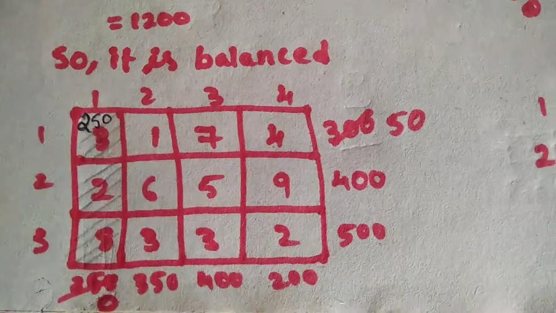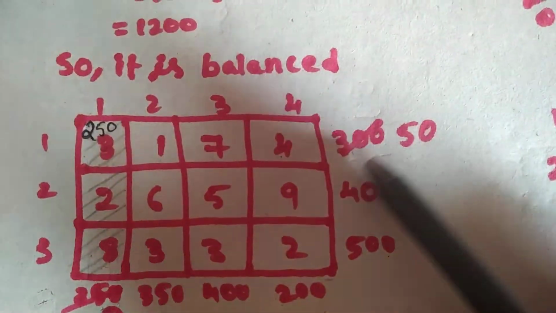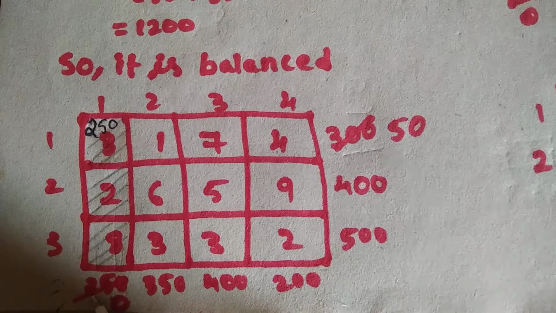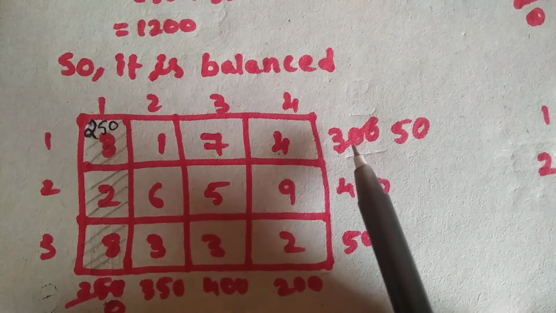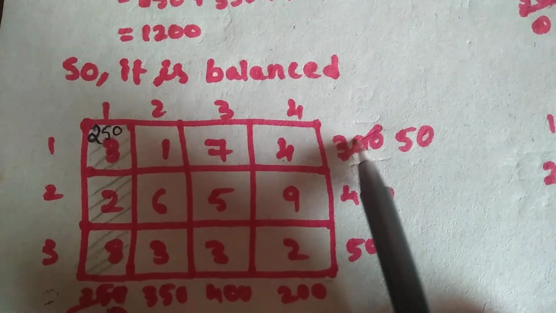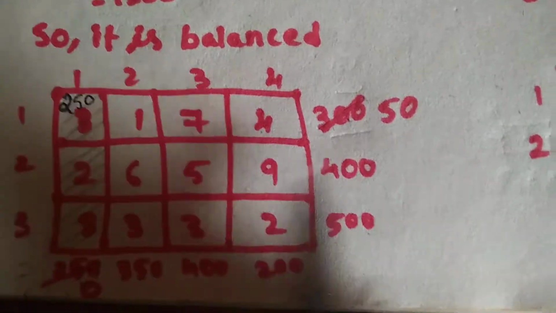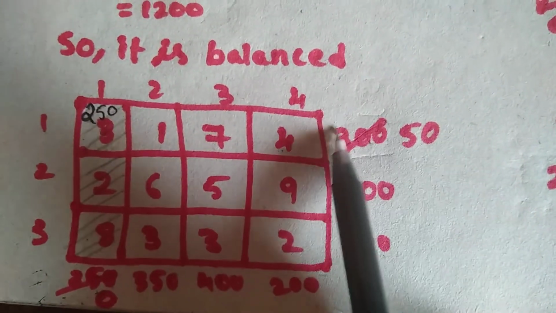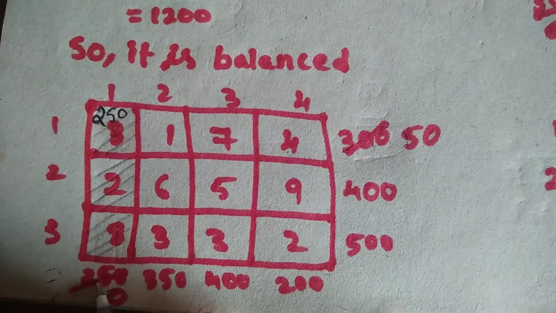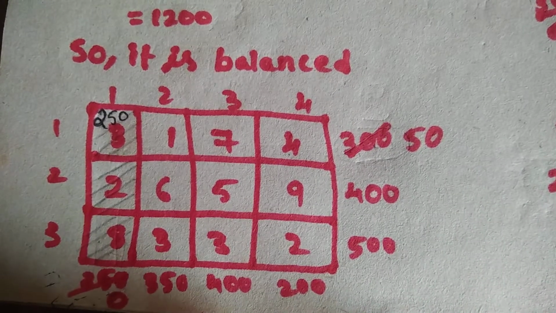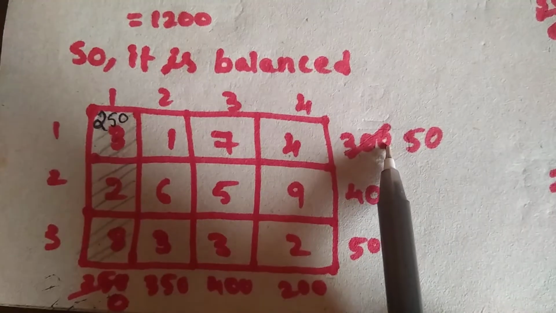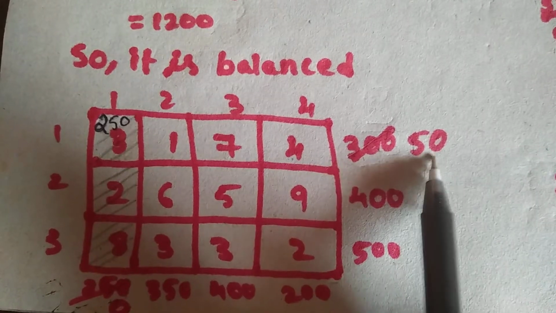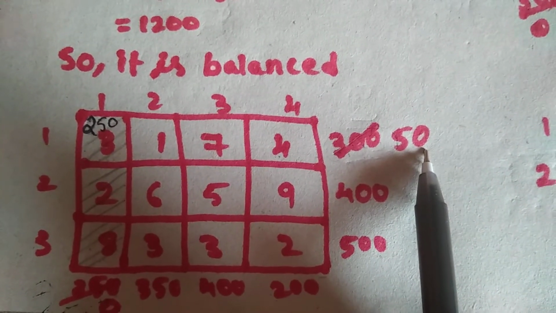The shop owner has 300 chocolates, so we take 250 chocolates from this 300. 250 is cancelled, and 50 is balanced here.